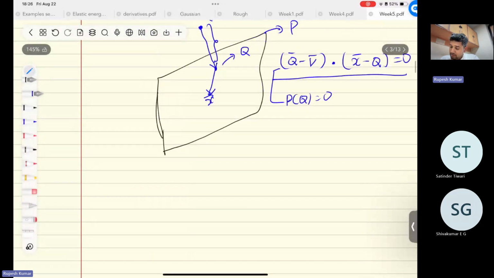Now, when you were introduced to cross products, you must have heard about the term area, right?